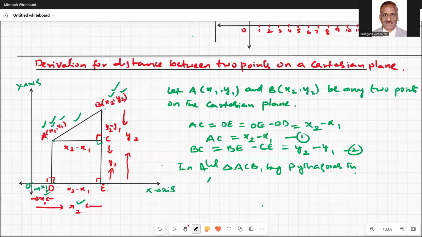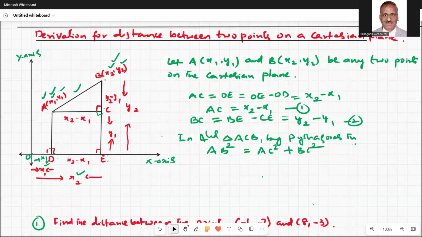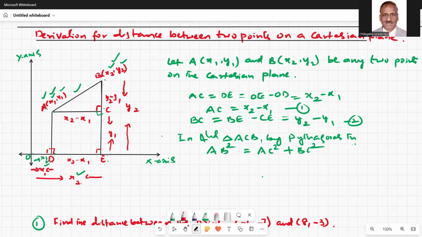Therefore AB square equals AC square plus BC square. In the figure, what is the length of AC? From equation 1, AC equals x2 minus x1. So I write AC square as (x2 minus x1) whole square, plus what is the length of BC? BC is equal to y2 minus y1, so (y2 minus y1) whole square. This is nothing but AB square.